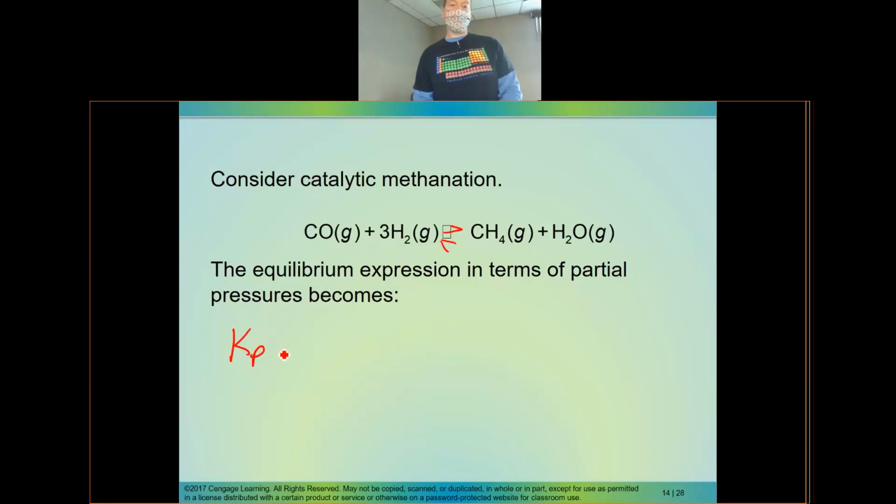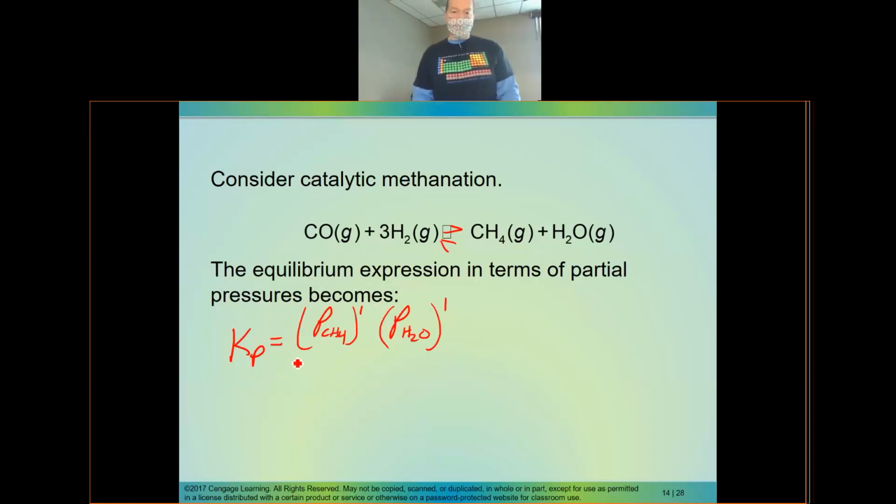So how we're going to write the Kp? It is the pressure of CH4, again, raised to the first. I'm going to put it here. It's the coefficient. It is the pressure of H2O. Again, you don't have to put raised to the first when it's raised to the first, but for this first one, I'm going to do it.